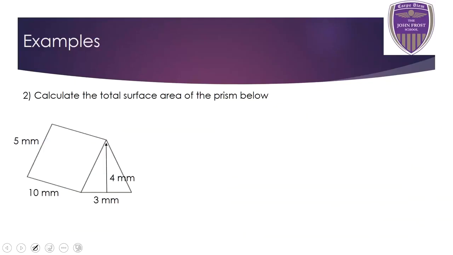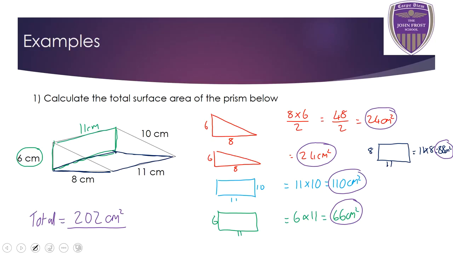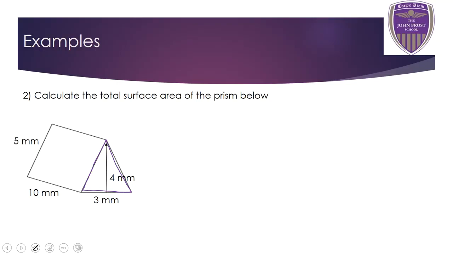Okay, another example of a triangular prism. The front of this one, the cross section here, is a triangle. It's not the same type of triangle as the one on the previous example here. This one was a right angle triangle. This one is an isosceles triangle here. So what we need to work out then, we've got 5 faces again.